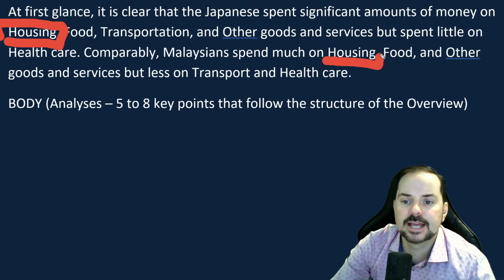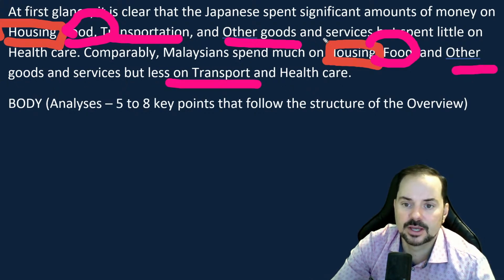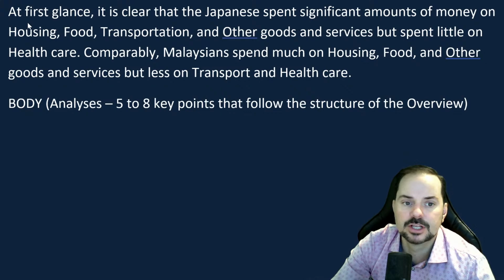And I mentioned housing in Malaysia as well. And then food is second. And then I have transportation, and then I have others. And here I have others, and then I have transportation here, okay? So I'm going to focus on comparing and contrasting these two pie charts based on the order of information that I have in the overview, especially from Japan. Let me show you what I mean with the actual graph.